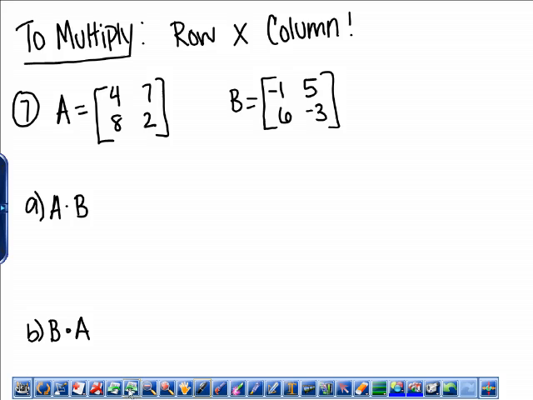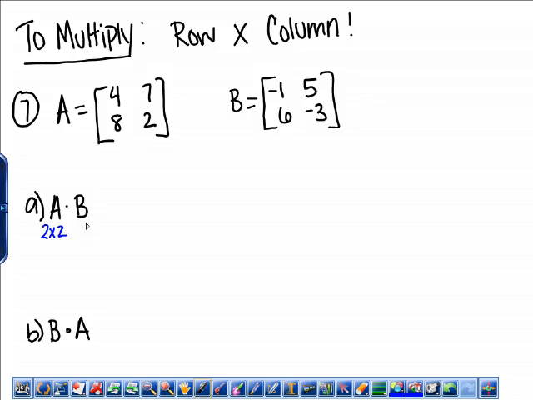Let's actually multiply. To multiply, you're going to keep repeating to yourself: row by column. Row by column. I'm going to tell you what that means. So copy down matrix A and matrix B. What are the dimensions of matrix A? 2 by 2.